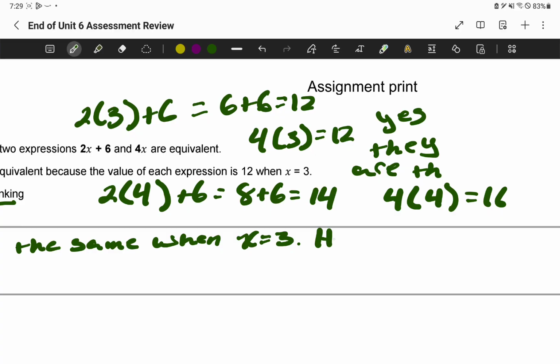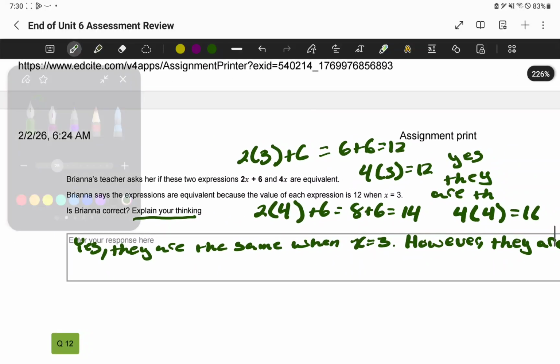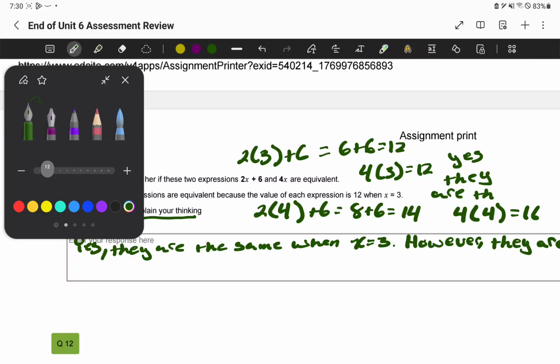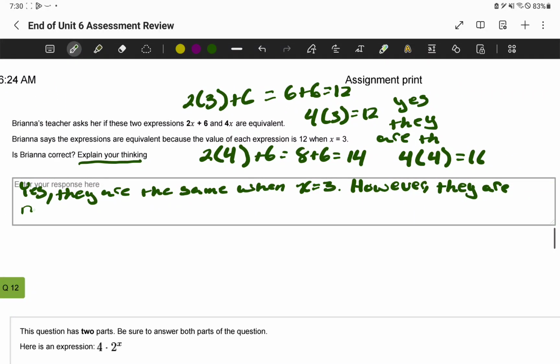Well, so, however, they are, I'm going to shrink this down a little bit. For any other value.